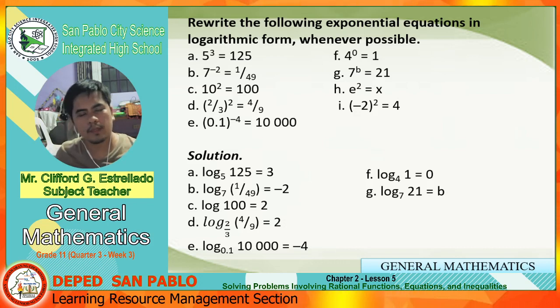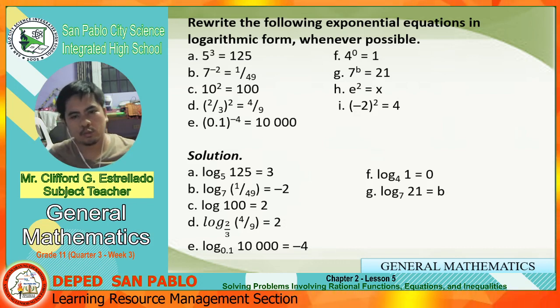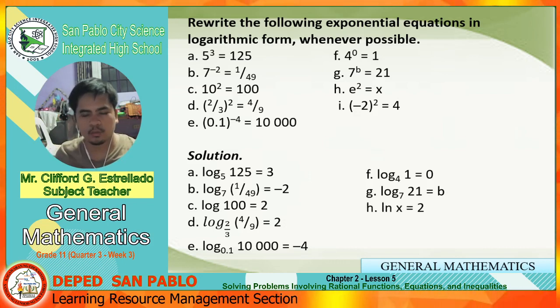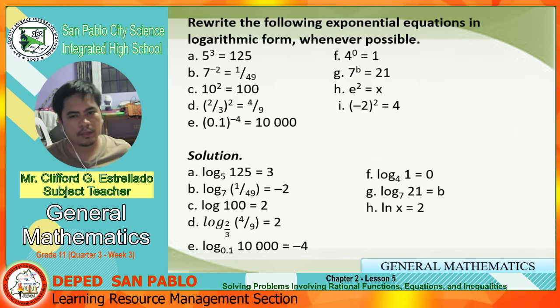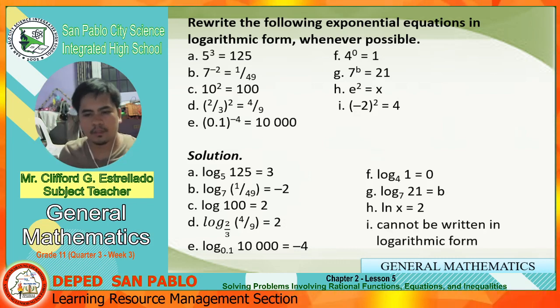Or since it is base e, we can say that ln of x is equal to 2. And letter I, negative 2 squared is equal to 4. So it cannot be written in logarithmic form since the base cannot be negative.